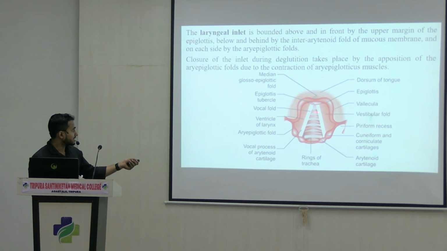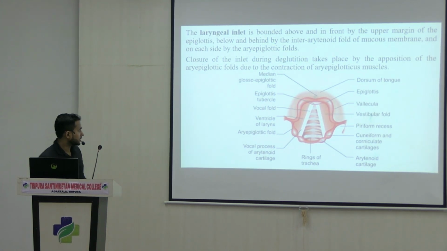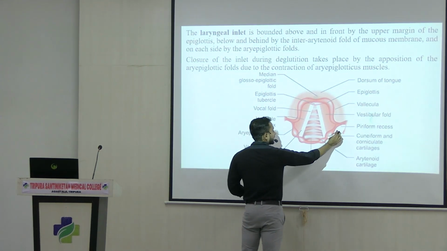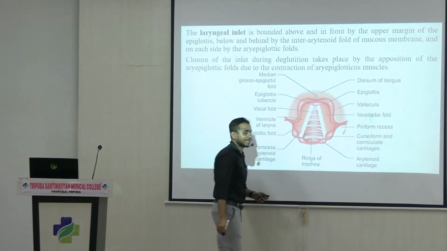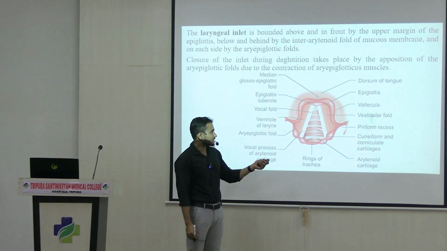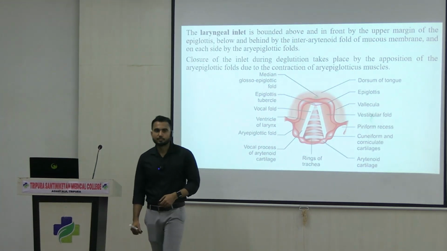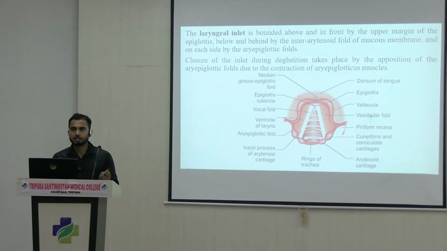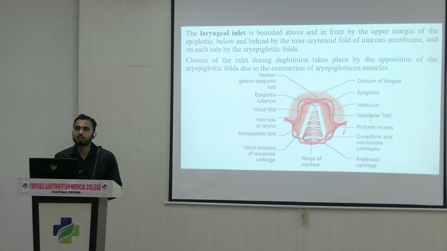On either side of the laryngeal inlet, here you can see, I hope you can see a sinus is present. That is the pyriform recess or pyriform fossa. On both right and left sides of the laryngeal inlet, a sinus is there. That is called pyriform recess or pyriform fossa.